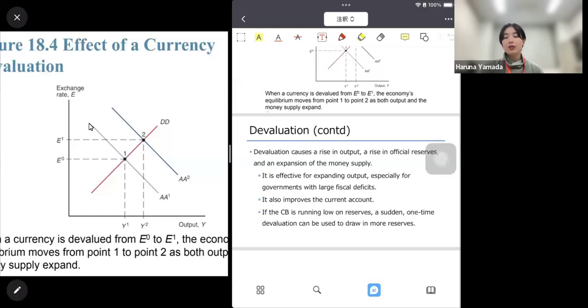Also, if the central bank is running low on reserves, a sudden one-time devaluation can be used to draw in more reserves. Because devaluation causes an expansion of the monetary supply and official reserves, a central bank can get much more reserves by doing devaluation.